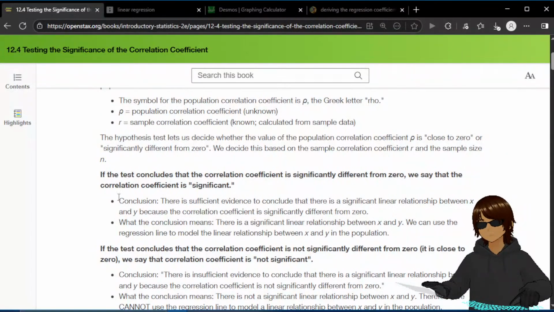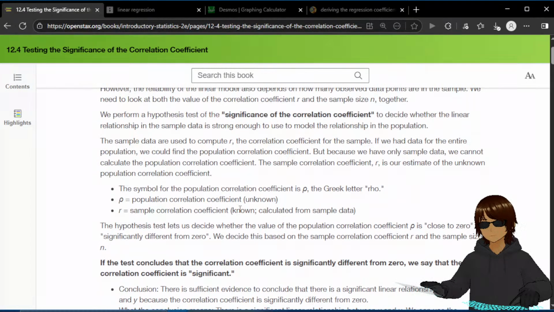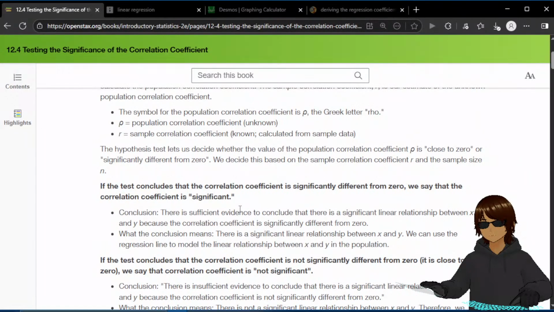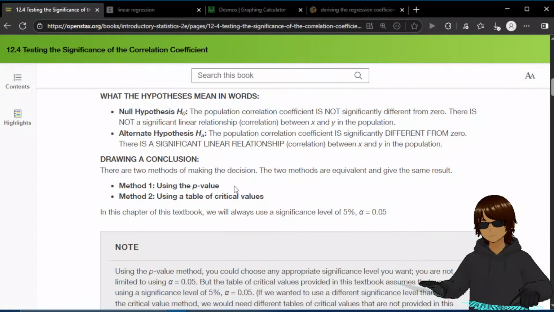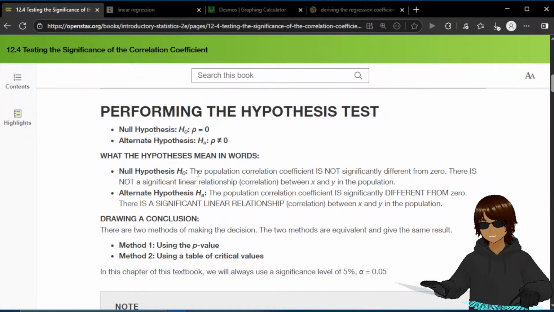Significant linear relationship between X and Y. Null hypothesis: the population correlation coefficient is not significantly different from 0.